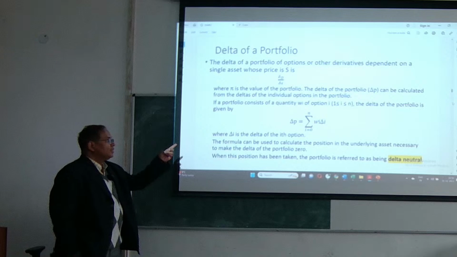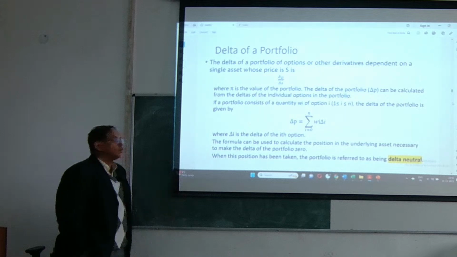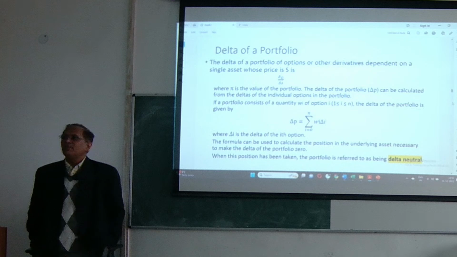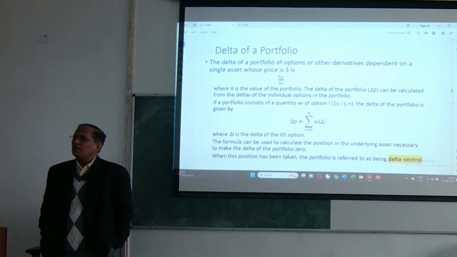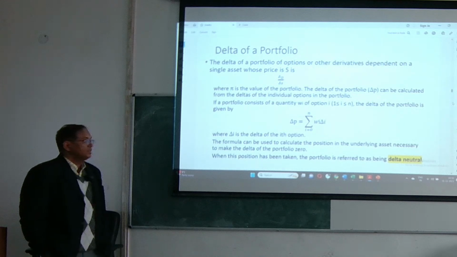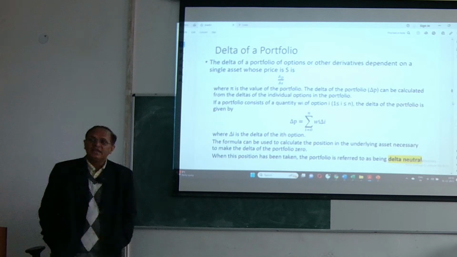So the formula can be used to calculate the positions in the underlying asset necessary to make the delta of the portfolio 0. Delta of portfolio 0 means ultimately whatever the price movement takes place, it will not change and delta will remain constant. When this position has been taken, the portfolio is referred to as being delta neutral.